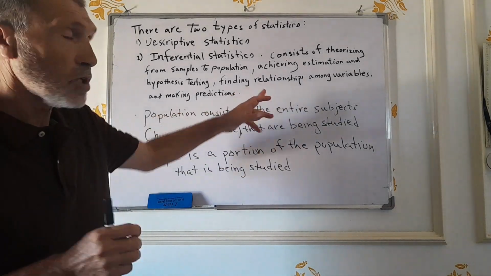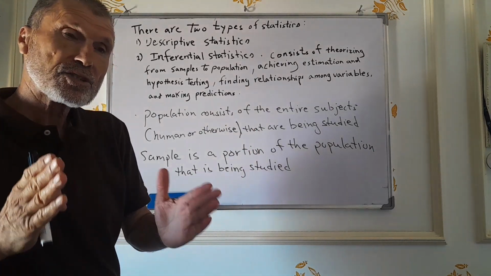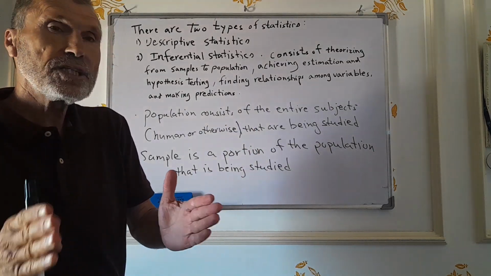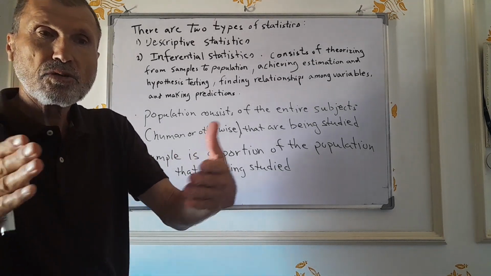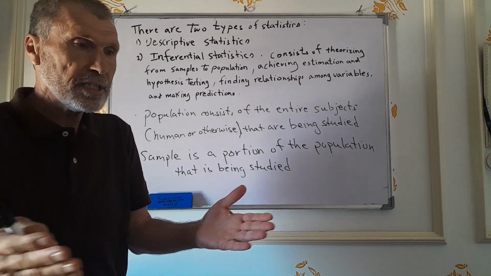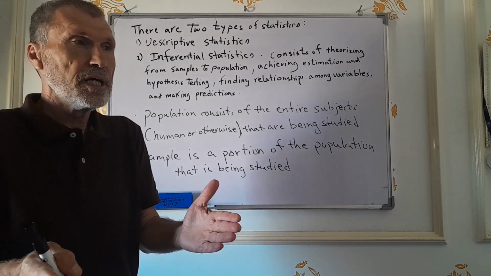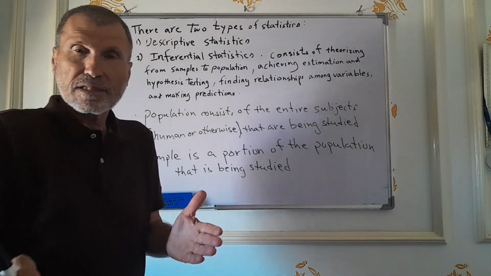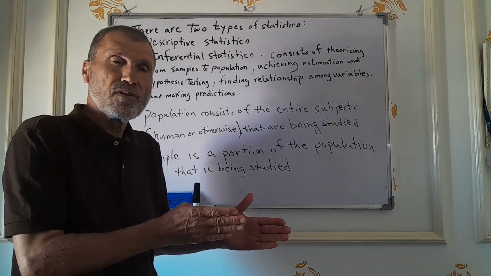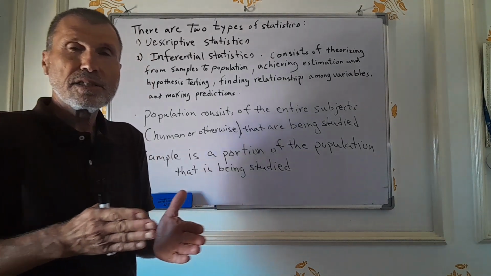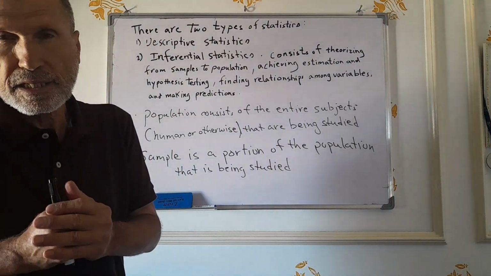Finding relationships. Also, statisticians try to find relationships among variables. We use statistics to find relationships, such as the relationship between smoking and health, or the relationship between hours of studying and scores on tests.